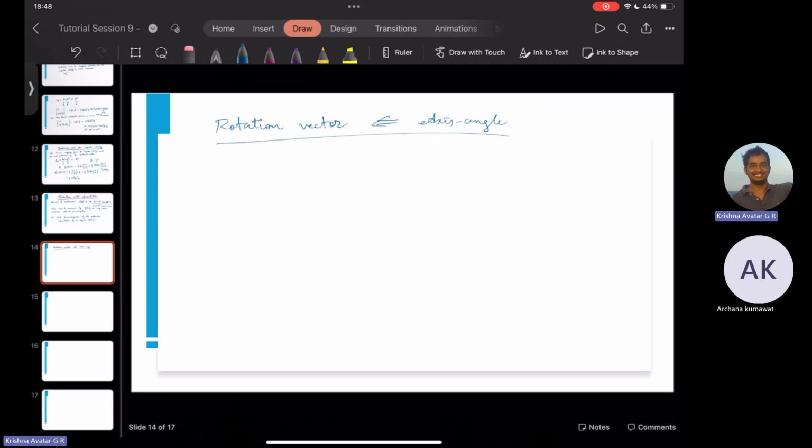Now the rotation vector is a function of the axis and angle of a rotation, which is a vector, R cross S2, or 3.